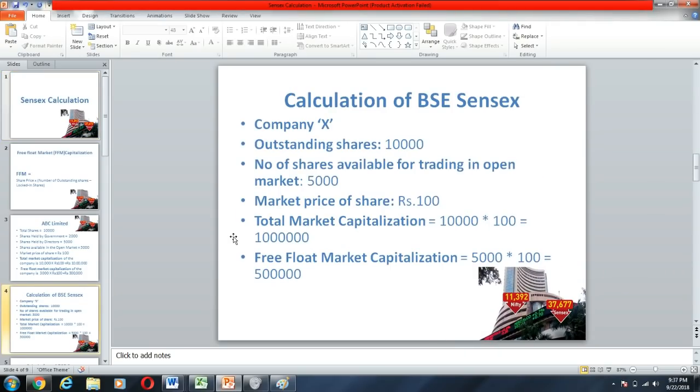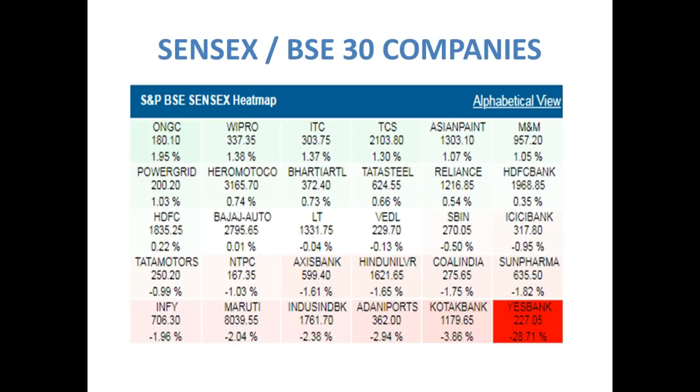You can see over here the companies taken into consideration for calculation of the Sensex: ONGC, Wipro, ITC, TCS, Mahindra, Reliance, Hero Motor Corporation, Tata Steel, HDFC Bank, HDFC Limited, Bajaj Auto, L&T, Vedanta, SBI, ICICI, Tata Motors, NTPC, Axis Bank, Hindustan Unilever, Coal India, Sun Pharma, Infosys, Maruti, IndusInd Bank, Adani Ports, Kotak Mahindra Bank, Yes Bank. So these are the 30 companies.